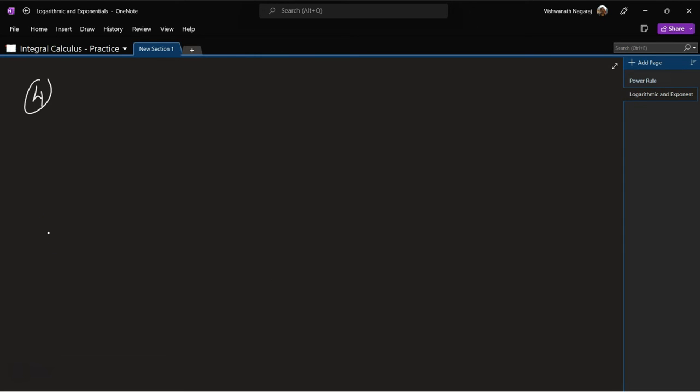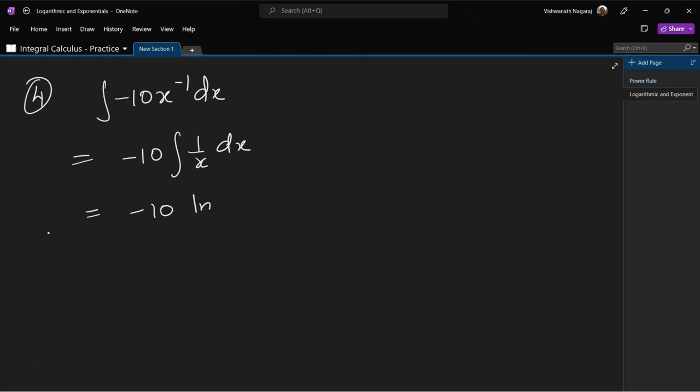Okay, the fourth one, integral of minus 10 x to the power of minus 1 dx. This gives us minus 10 times 1 by x dx. So again, minus 10 natural log of absolute value of x plus c. Next, integral of 5 by x dx.